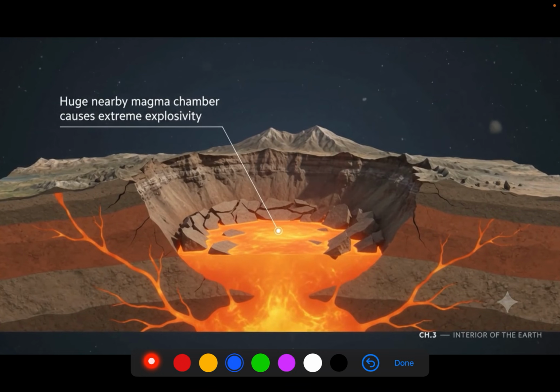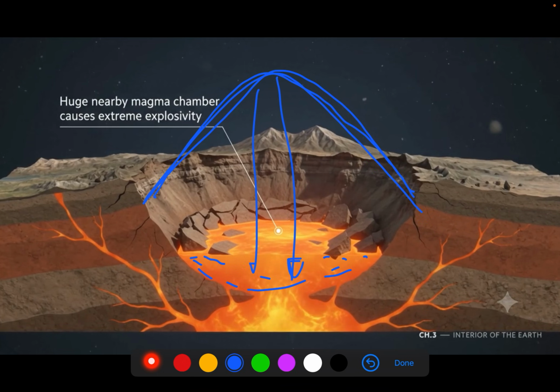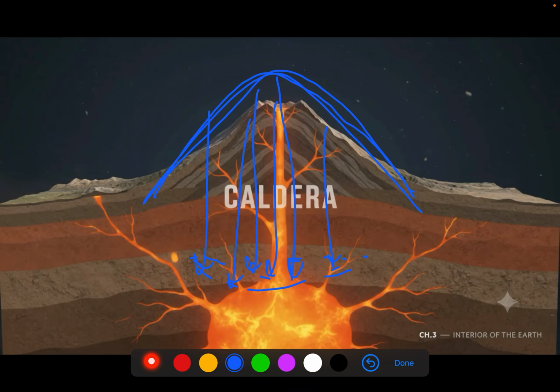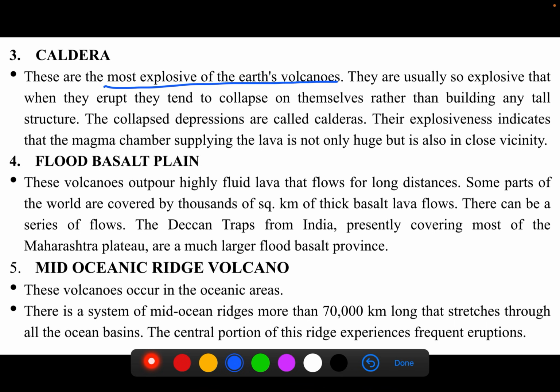So now you can see that there is so much magma chamber or so much source of magma that the entire volcanic mountain that was present here earlier collapsed, and then calderas were formed. Now let's study calderas in more detail.